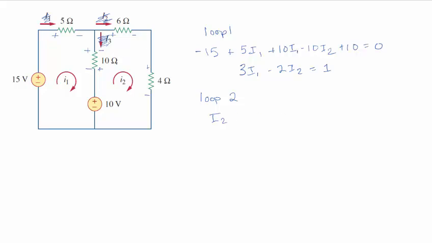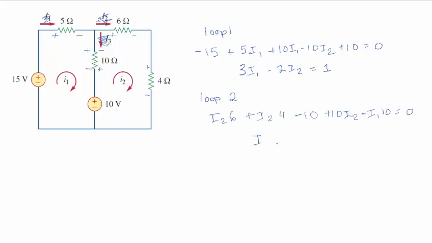So I have I2 times 6 ohms, because that's Ohm's law, plus I2 times 4 ohms, minus 10 volts, plus 10 ohms times I2. So I2 is going this way, but the other current is subtracting, going the other direction. So I must have a minus I1 times 10 equals 0.